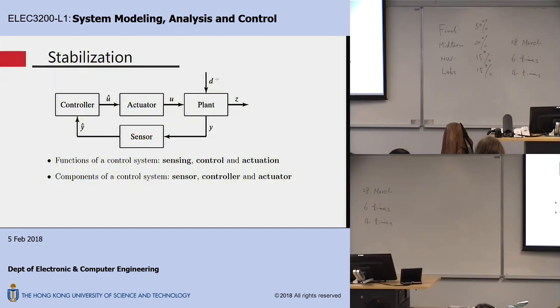But the connection of controller and plant is through a signal going through this actuator, and also through this sensor. We call this the input part. So this is the output part, or sense, and the feedback part.